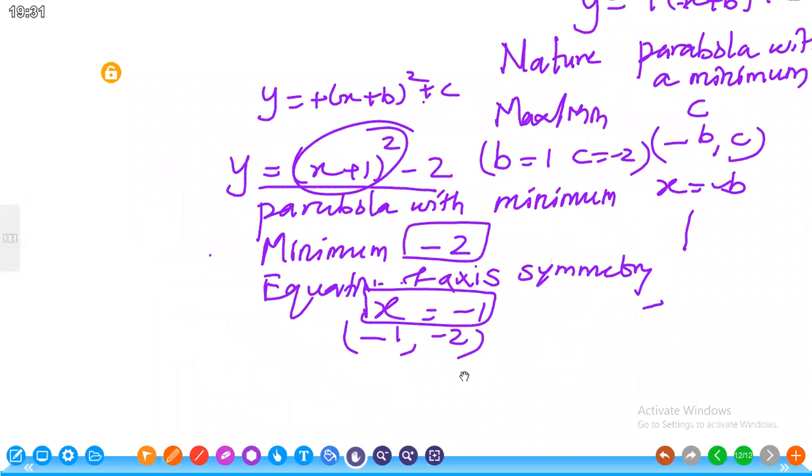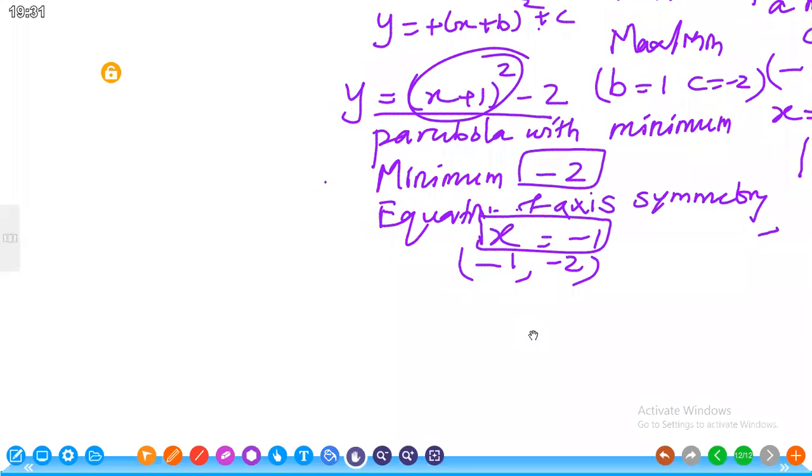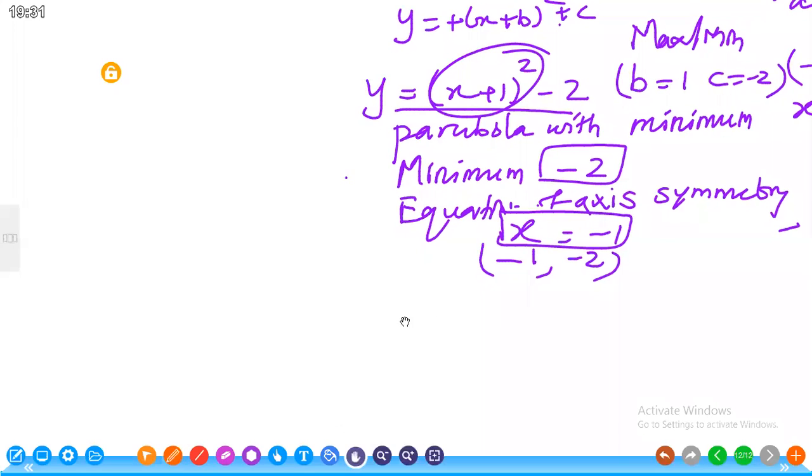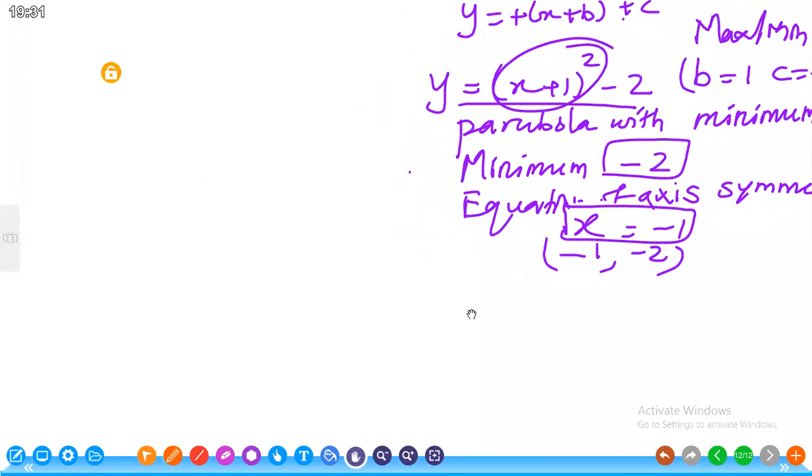Okay, now first draw this graph, right? Now check whether the characteristics are correct or not by drawing the graph. Okay, first I prepare the table values. The equation is y is equal to (x plus 1) all squared minus 2.